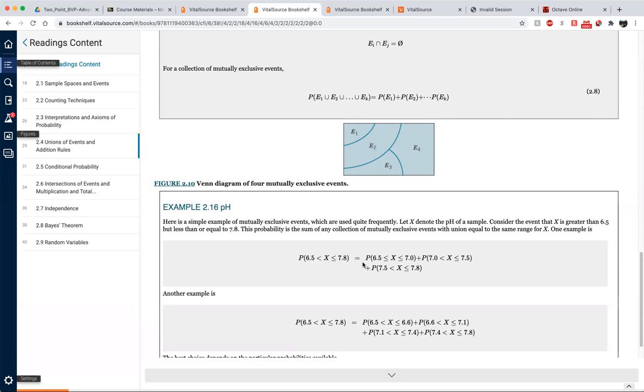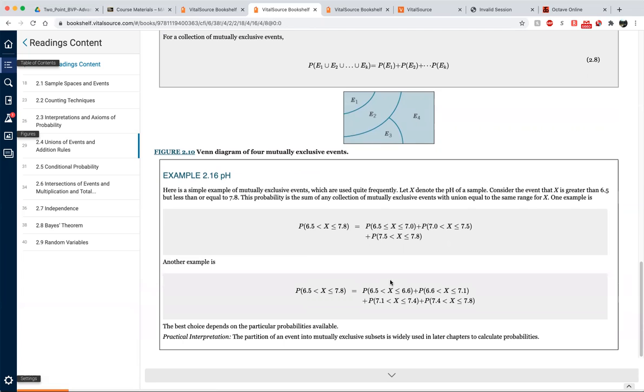That is equal to, we're just going to break up that probability like this: X greater than 6.5 and less than or equal to 7.0, and greater than 7.0 and less than or equal to 7.5. We just divide that interval, open at 6.5 and closed at 7.8, into 3 intervals. And those 3 intervals don't have any overlapping part at all.